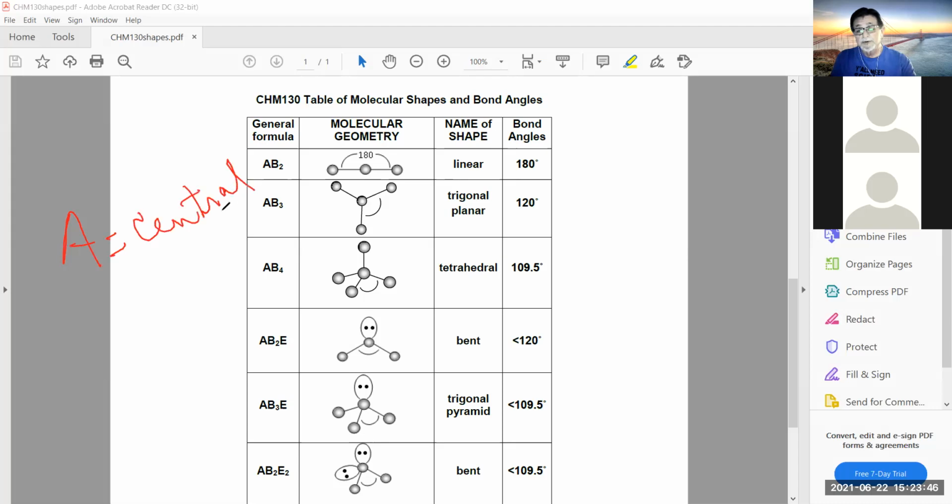Remember, I mentioned to you in a chemical formula, we have an atom that is the central atom, normally the first one written. And then what follows is whatever's bonded around the central atom. And that's what B represents, whatever is bonded to the central atom.